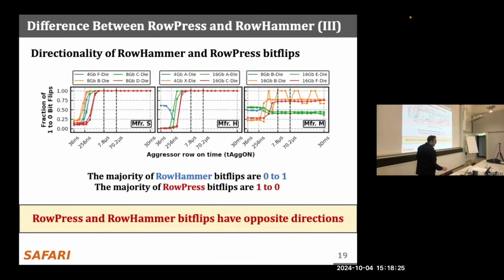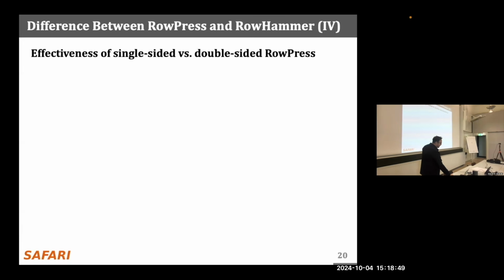Then we look at the directionality of the RowHammer and RowPress bit flips. Directionality means, do you flip a bit from 1 to 0 or 0 to 1? The observation based on these tests is that the majority of RowHammer bit flips go from 0 to 1, but RowPress bit flips are more dominant going in direction 1 to 0. So there's another difference in this behavior.